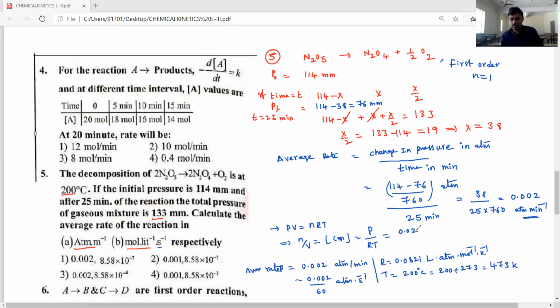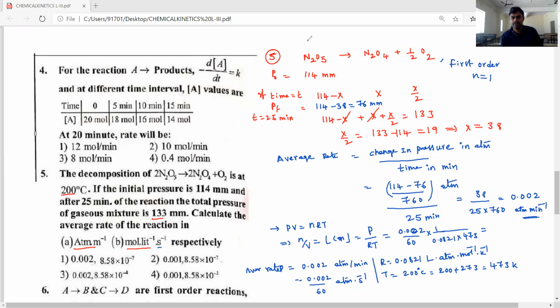Then the rate in terms of concentration is equal to 0.002 by 60 into 1 by R value, 0.0821, into the temperature 473 kelvins.